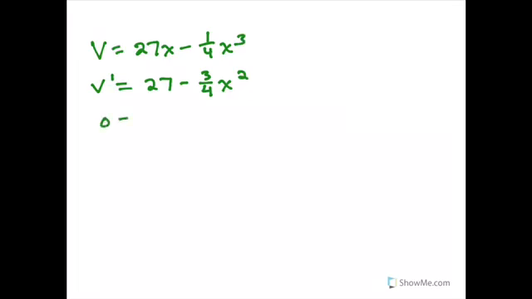Then we set that equal to 0. I'm going to add 3/4 x squared to both sides. And I want to get rid of the 3/4 on both sides, so I'm going to multiply both sides by 4/3.